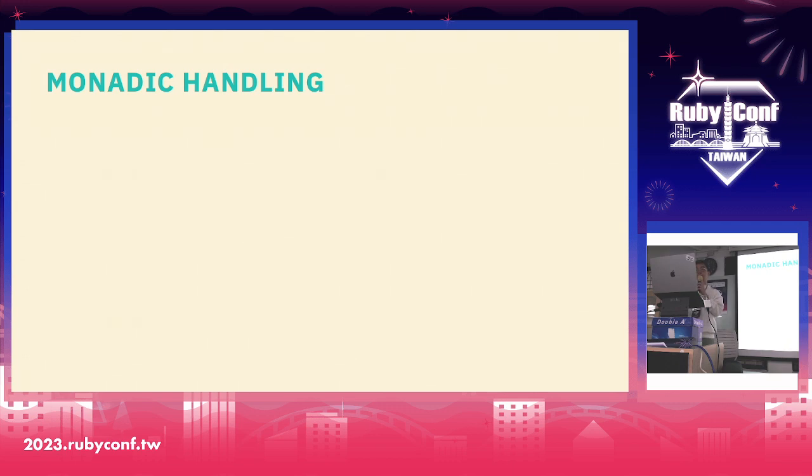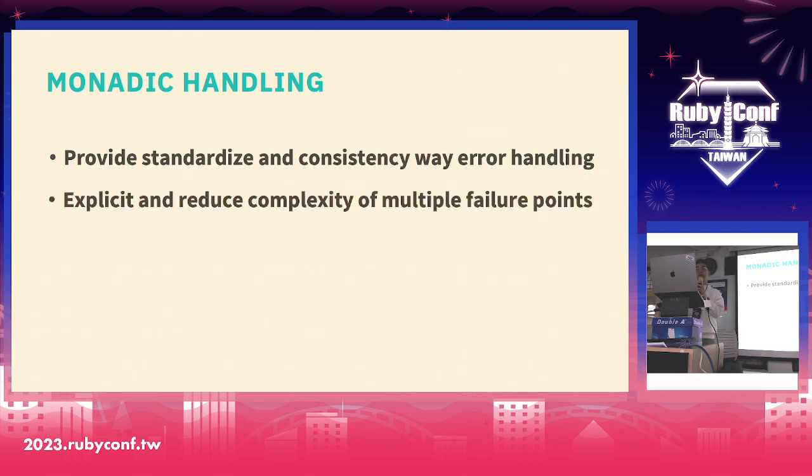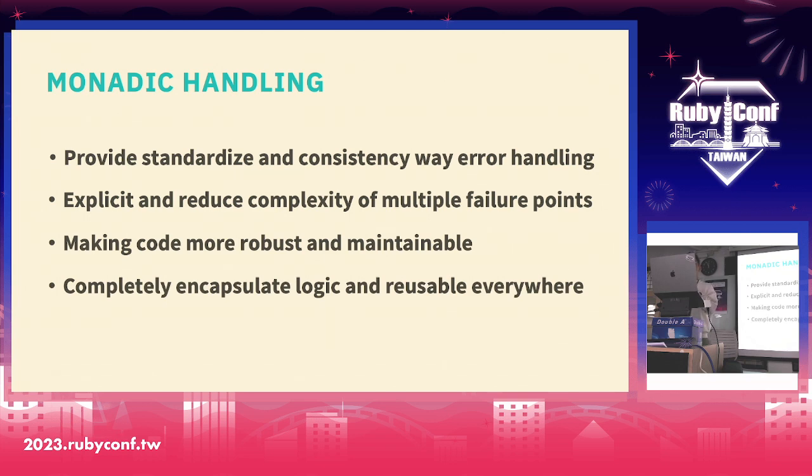So monadic handling provides a standardized and consistent way for error handling. It's explicit and reduces the complexity of multiple failure points. Our code is more robust and maintainable, and completely encapsulated and reusable everywhere.